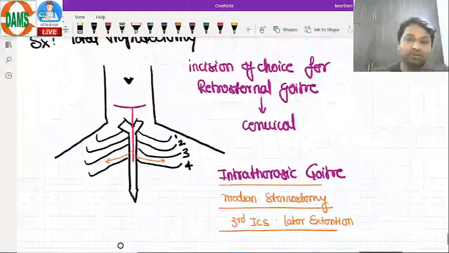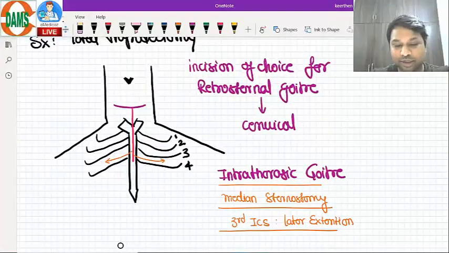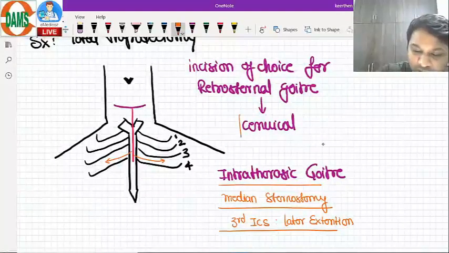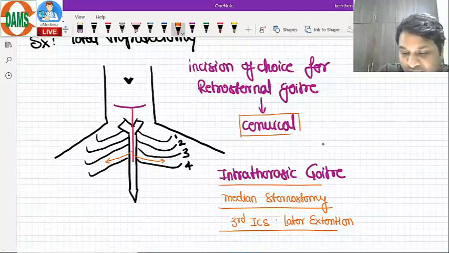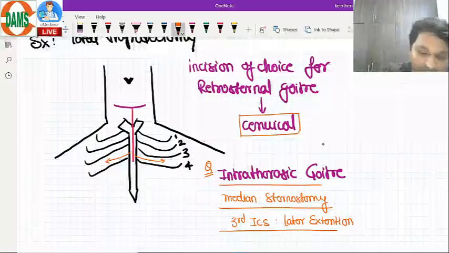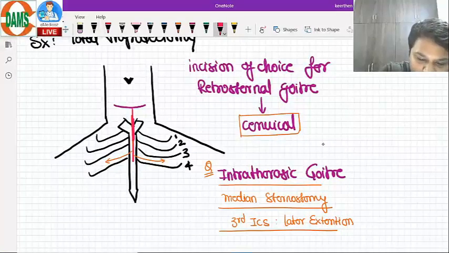If they ask you what is the incision of choice for retrosternal goiter, the answer is cervical incision. There is no doubt at all. Now, if they ask you specifically for intrathoracic goiter, the answer is going to be median sternostomy. In the median sternostomy, I'm going to open the sternum all the way from the suprasternal notch to the third intercostal space.